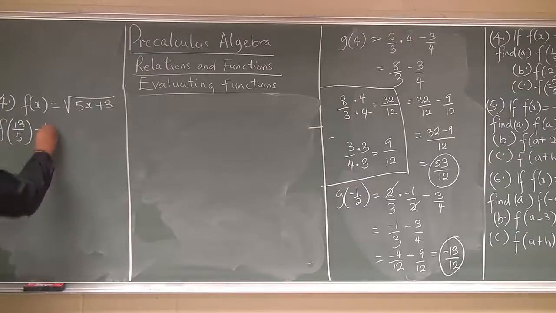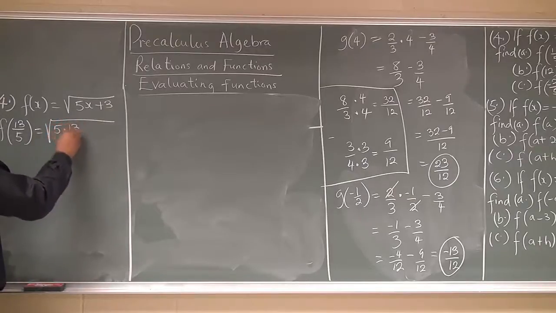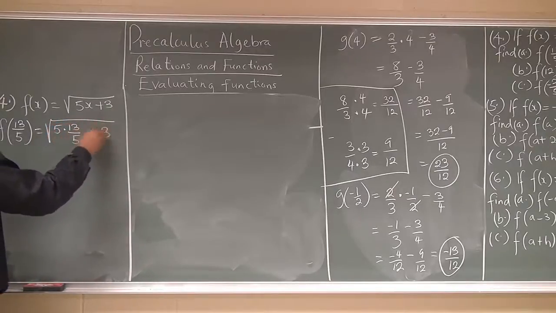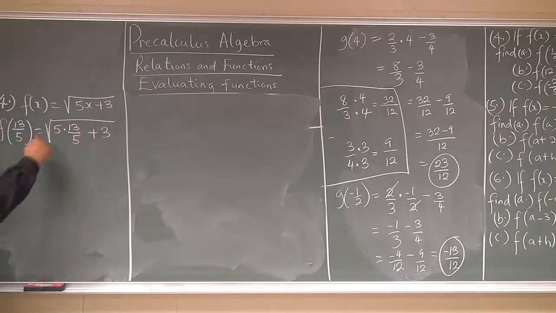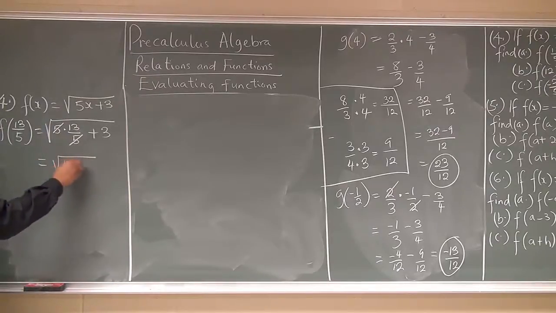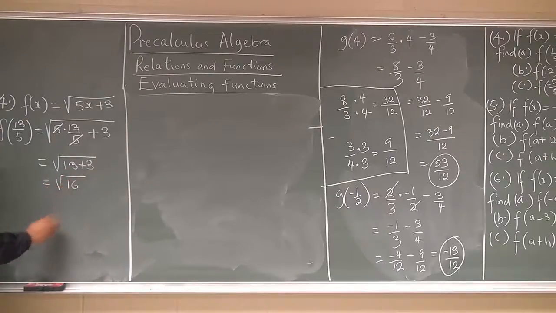So this will now be square root of 5 times 13/5 plus 3. Okay, this is a fraction. 5 divided by 5 is 1. So this will be square root of 13 plus 3, which will be square root of 16, which is 4.